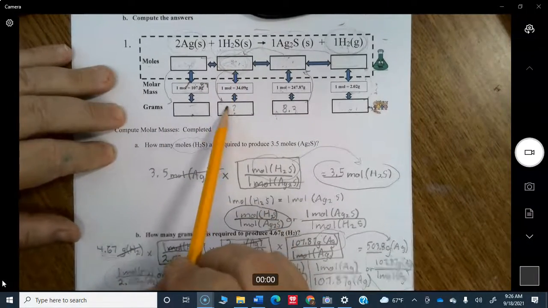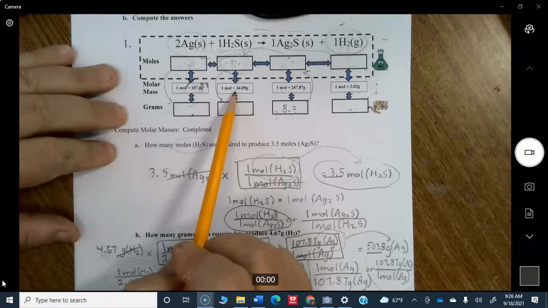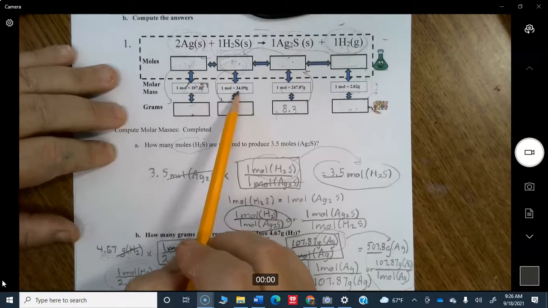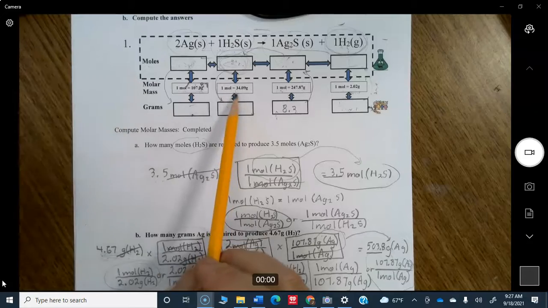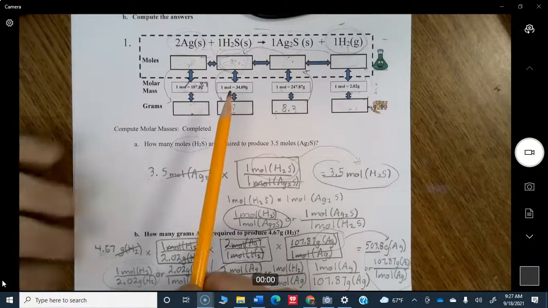And now you need to get out. There's your equivalency, the molar mass of 1 mole of H2S. All you have to do is add the H2S to this, and that's your equivalency. So we'll go ahead and write the conversions for that.